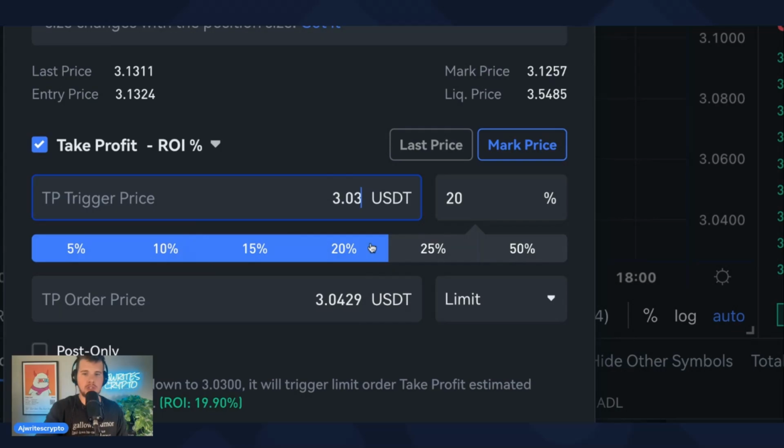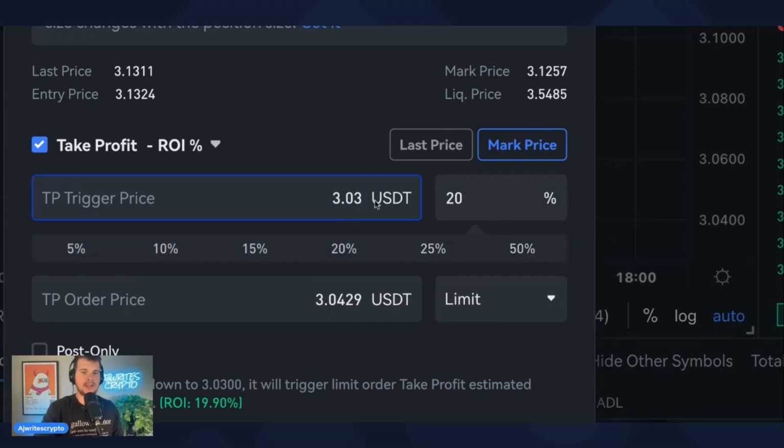So if I'm in a short, I wouldn't actually set my trigger price at 303 if I was trying to get my order out at 303, right? What most people do is that they put their trigger price very, very close to the order price. So if I'm looking to get an order at 303, you could put the trigger price in at 303.1. So if it hits 303.1, you will have your order take place at 303.